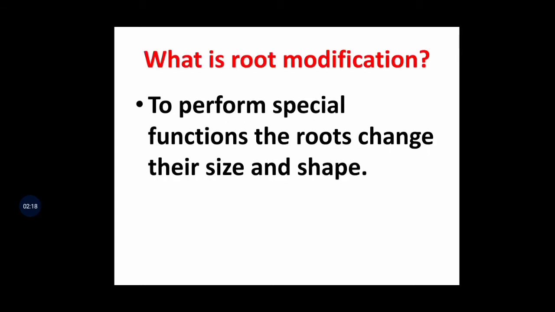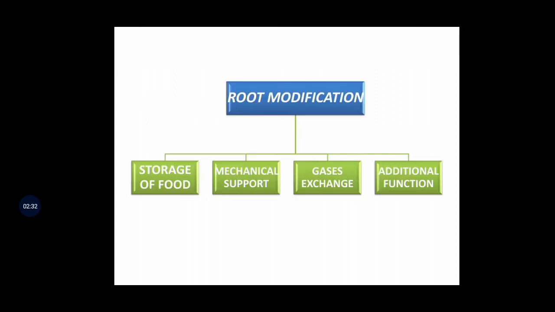First we are going to learn about root modification. So what is root modification? In order to perform special functions, the roots can change their shape and size. Root modification can be done for 4 different purposes. In order to store food, the root can be modified.